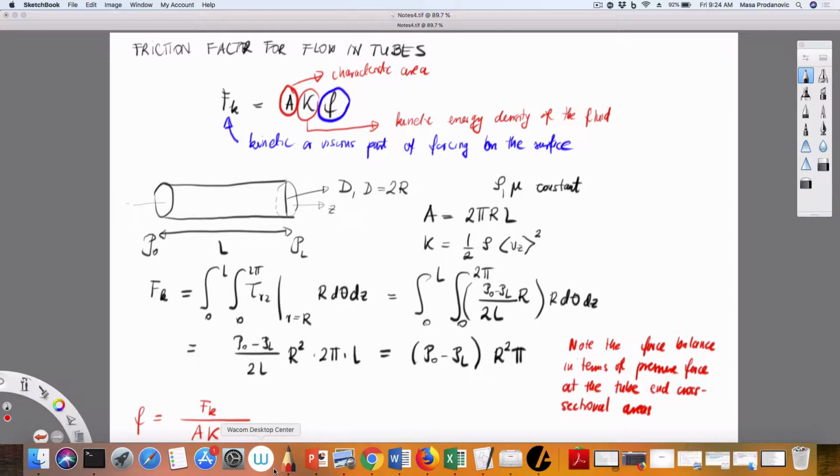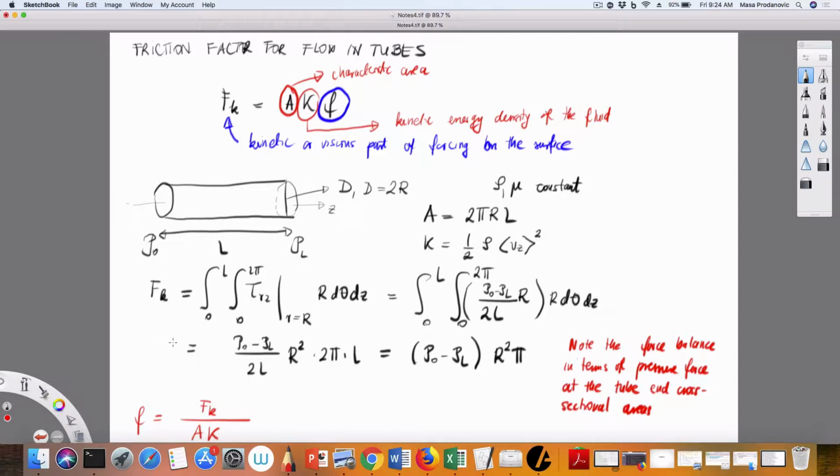So for flow in the tube, we can evaluate the viscous part of the force that the fluid exerts on the surface. We know how to integrate shear stresses.